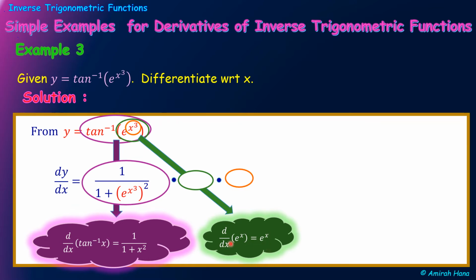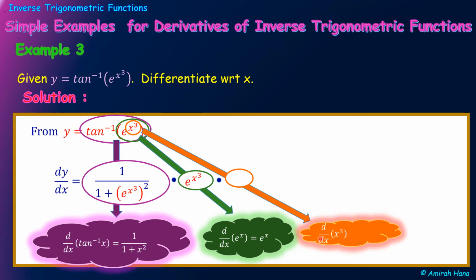We get back the same. So when we differentiate e to the power of x cubed, we will get back e to the power of x cubed. Right? And after that, we differentiate x cubed.